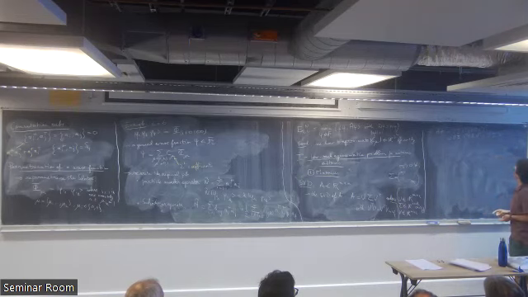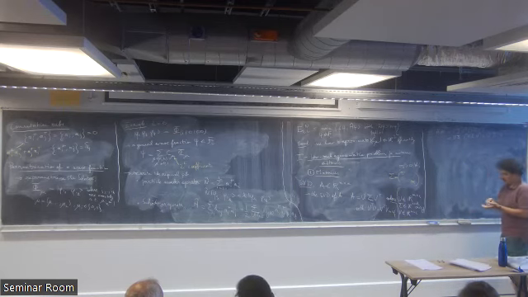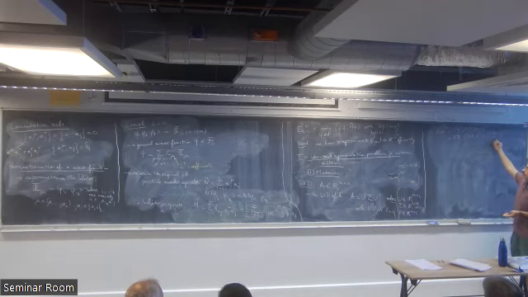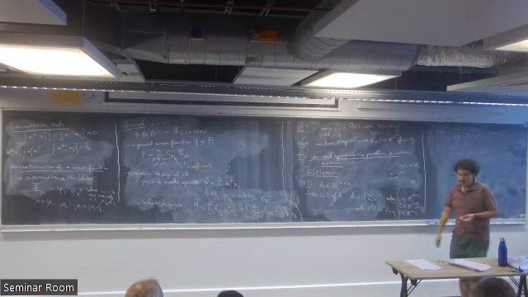Here you can read that this is the eigenvalue decomposition of A A transpose, and these are the positive eigenvalues of my matrix A A transpose.